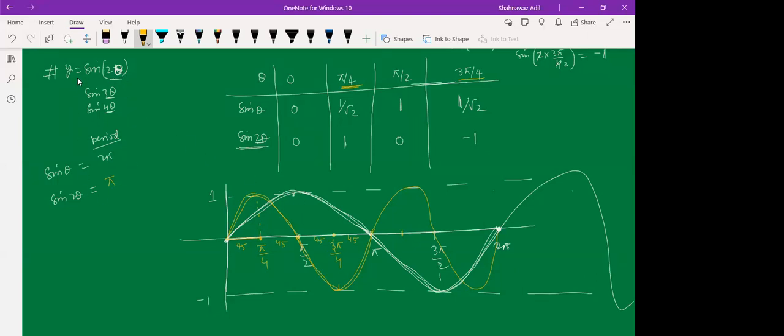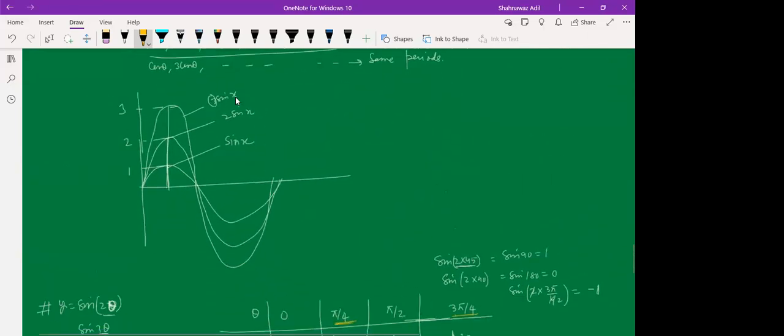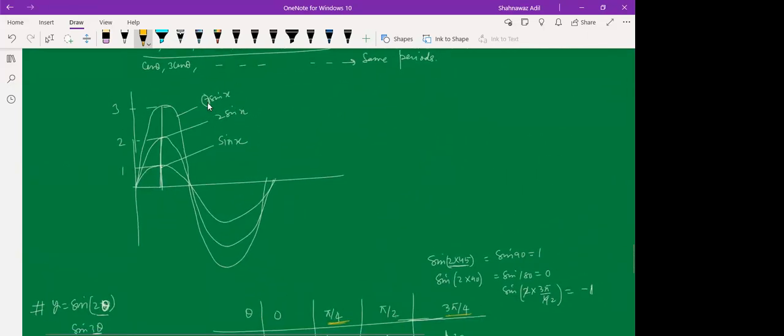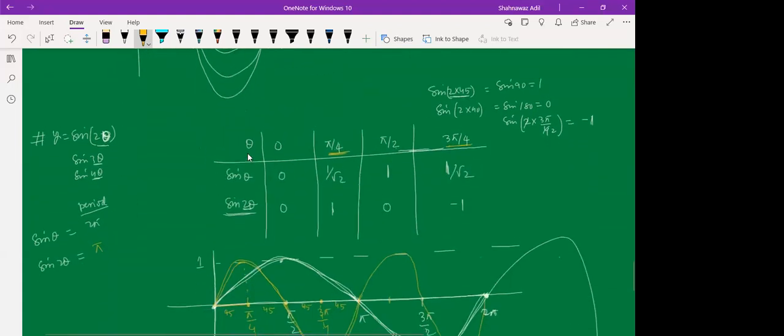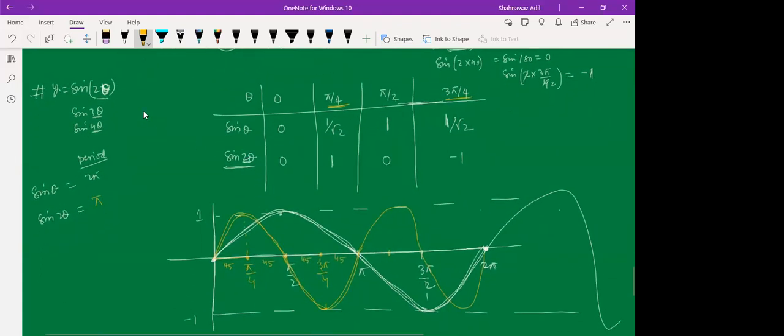But if you multiply a constant in front of the function, then the amplitude changes, but the period remains the same. So if we multiply a constant before the function, it will not change the period and it will only change the amplitude. But if you multiply some constant in the angle, then its period will change. So its period would be pi.